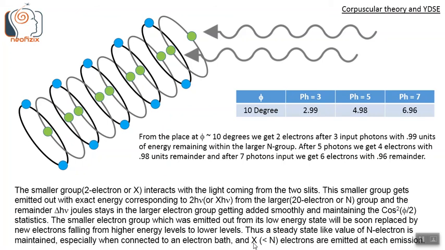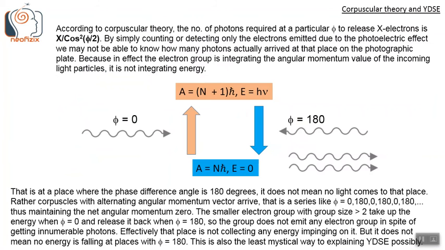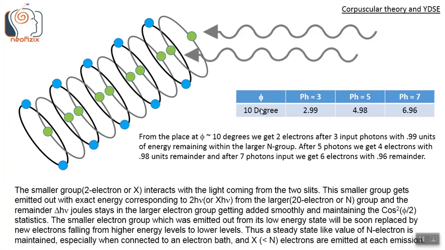And only a part of that larger electron group will be emitted at each emission. So basically what happens is, for example, at 10 degrees, after receiving 3 photons, only 2.99 is observed. After receiving 5 photons, 4.98 is observed. And after receiving 7 photons, only 6.96 is observed.